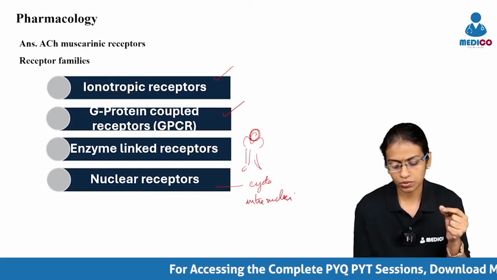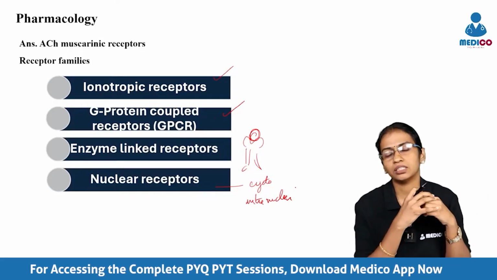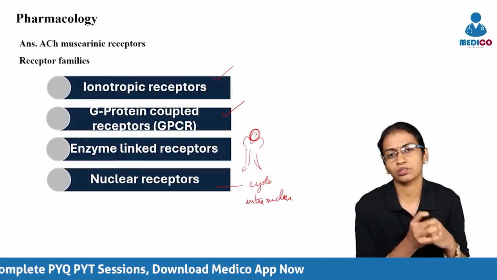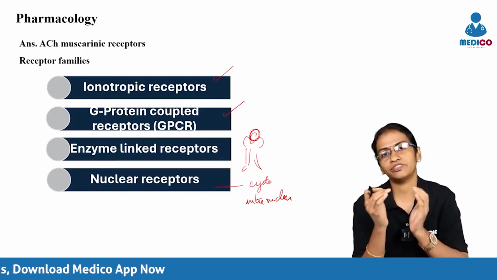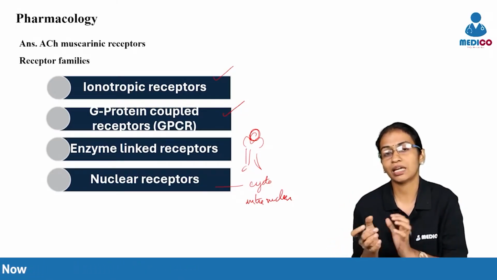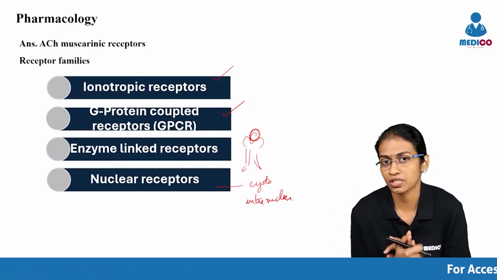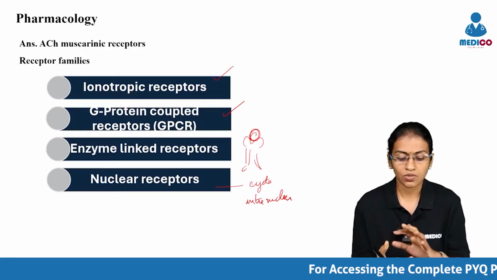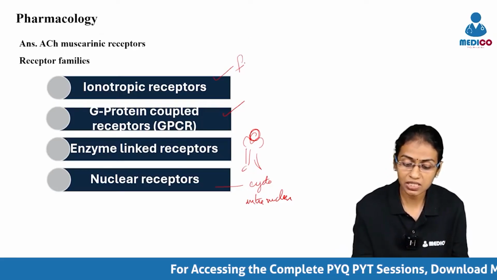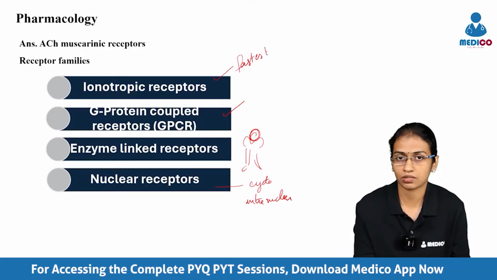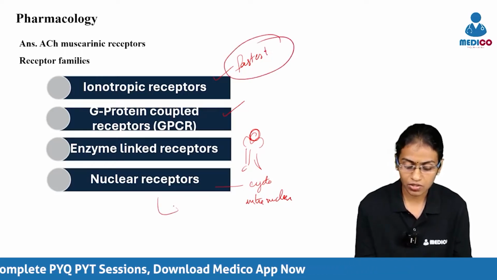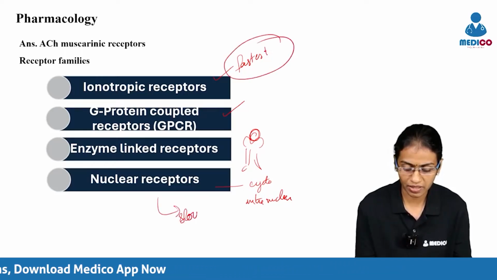They bind and the receptor complex will shift to the nucleus and bring about changes in transcription. That is how it brings the action. So among the 4, the fastest is ionotropic or the ligand gated ones, and the slowest is your nuclear receptors.